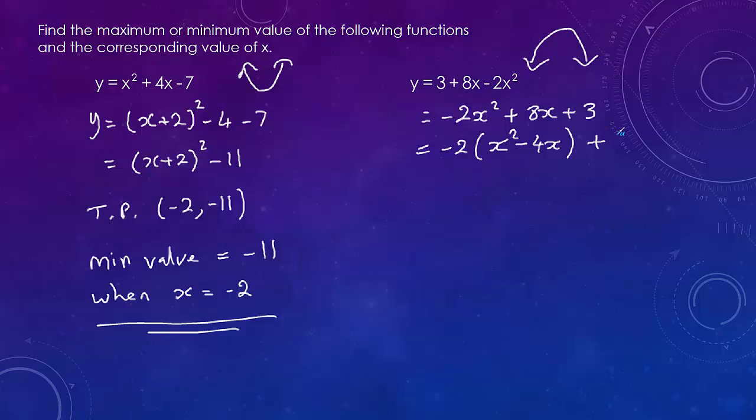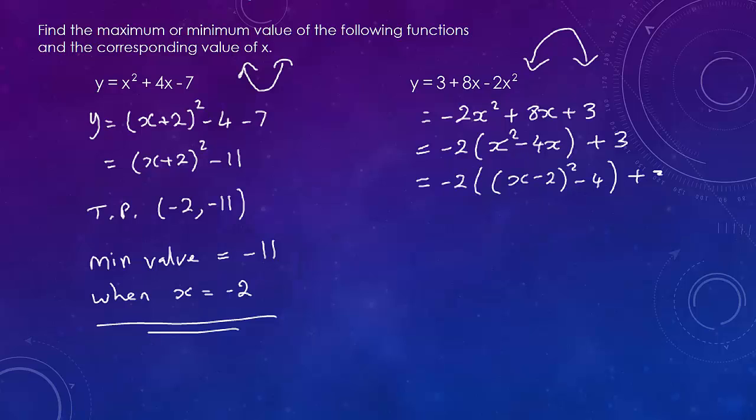and then don't forget the plus 3 off the end, if we re-expand, that does give me minus 2x squared plus 8x. So that's -2, and then in the bracket we have (x - 2) all squared. That would give me x squared minus 4x, but it also gives me a plus 4, which I don't want.